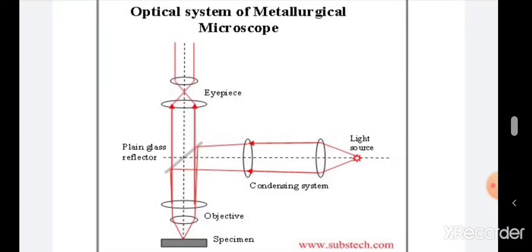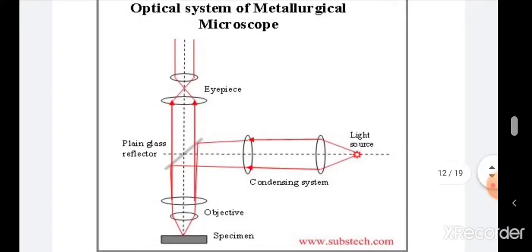A worker can check this reflection by using the microscopic eyepiece, and will see the grain size and grain structure of the material after a heat treatment process or at normal temperature.